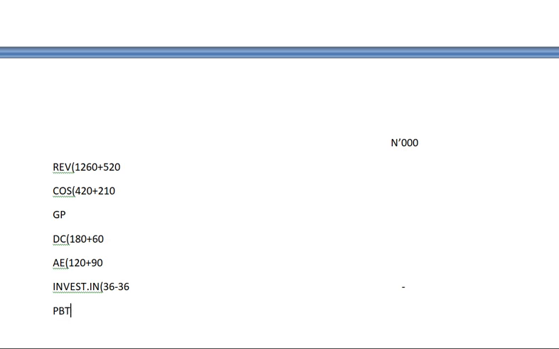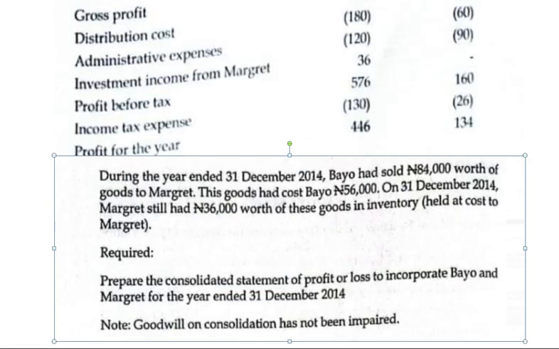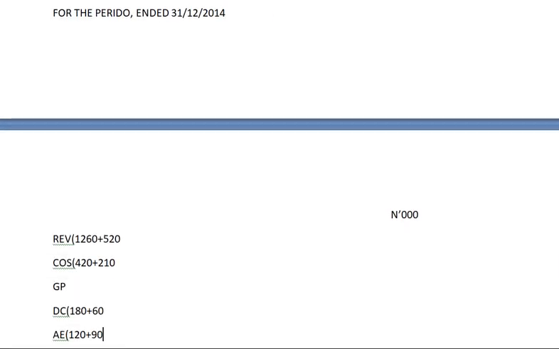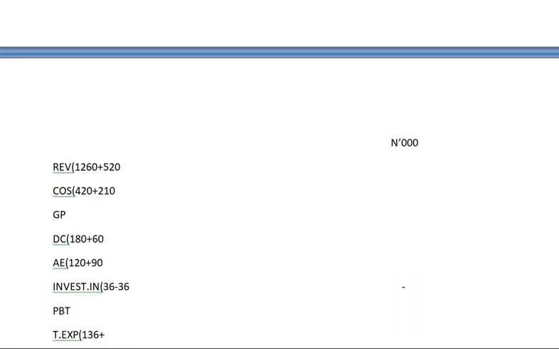Then you put tax expense here. Sorry, it's 130 plus 26. I will confirm it. 130 plus 26.